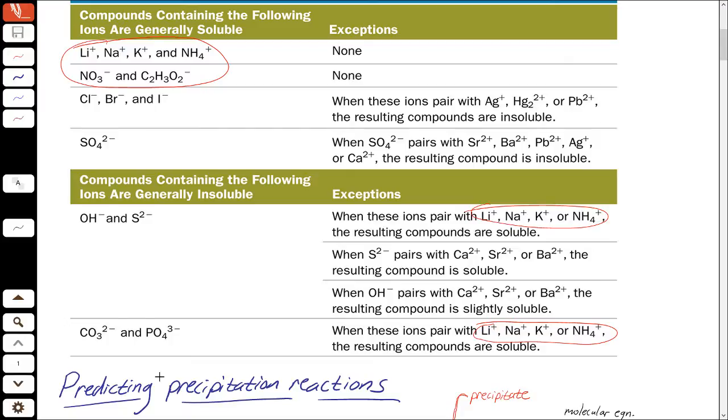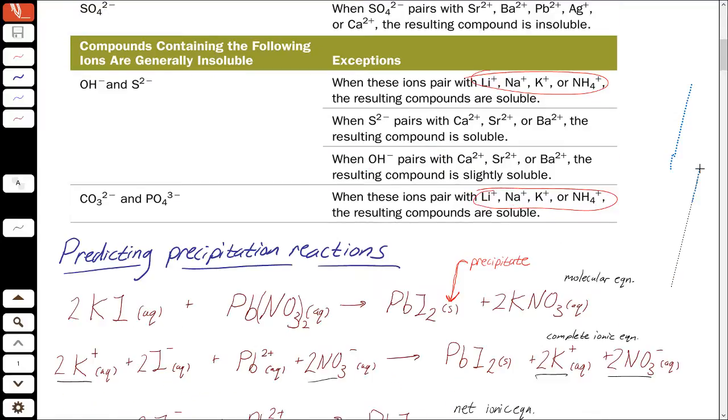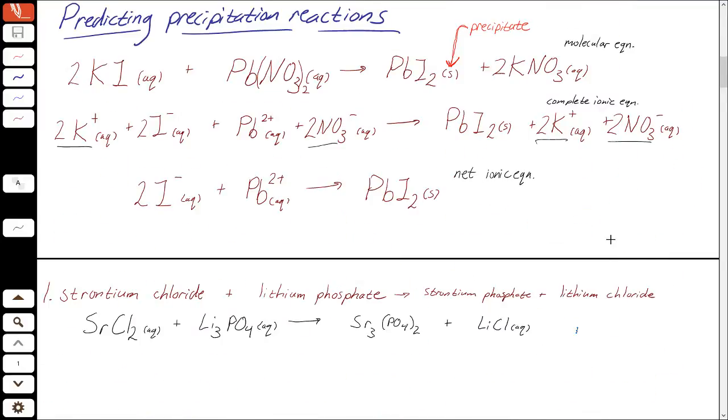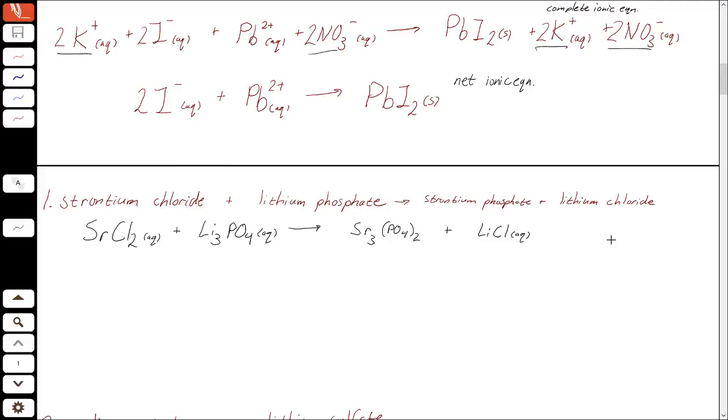So if you see a phosphate, unless it's got lithium, sodium, potassium, or ammonium in front of it, it's going to be insoluble. So then we know, okay, great, that is our precipitate, solid. Okay, so now we know we have a precipitation reaction. We've formed a precipitate, a strontium phosphate precipitate.